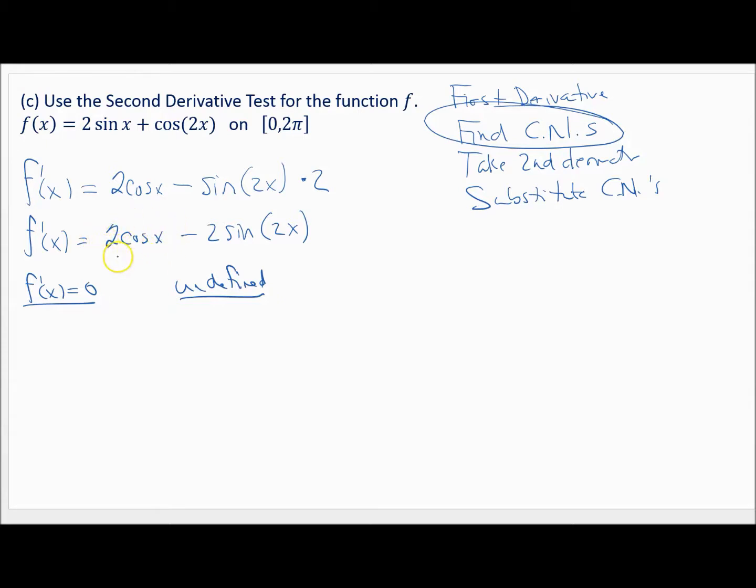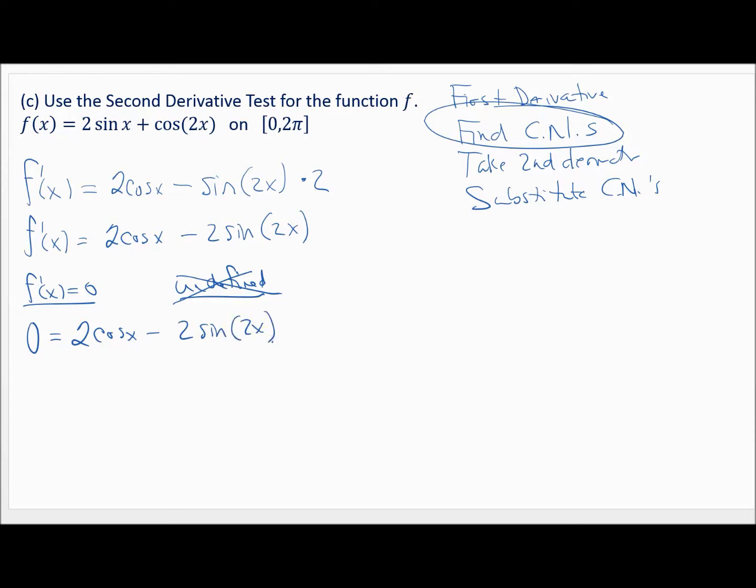Cosine of x and sine of x, no matter if the 2 is in there or not, are defined everywhere because we have no zeros in the denominator. The trig functions sine and cosine are defined on the whole real number line. So there's no issue here, but we still have to solve this equation. So I have 0 equals 2 cosine of x minus 2 sine of 2x.